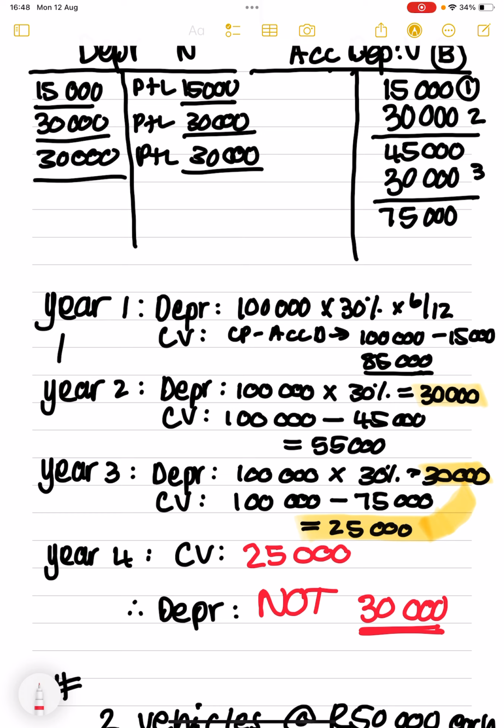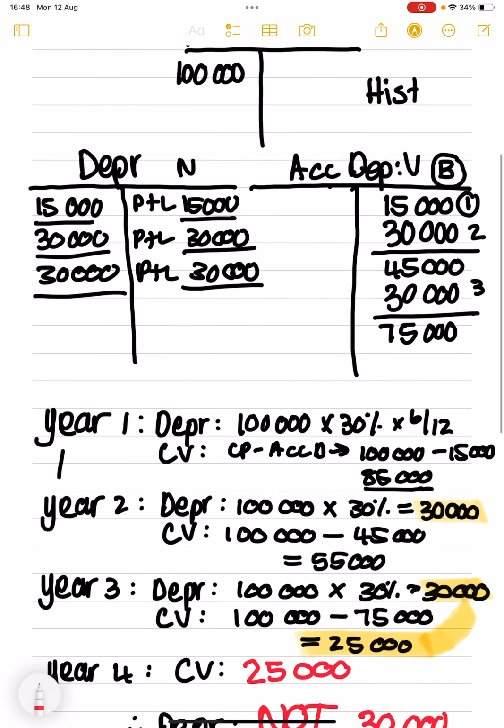I can only depreciate it with 1 Rand less. So let me write it here: 1 Rand less than carrying value, which will be 25,000 minus 1, and that gives me 24,999.